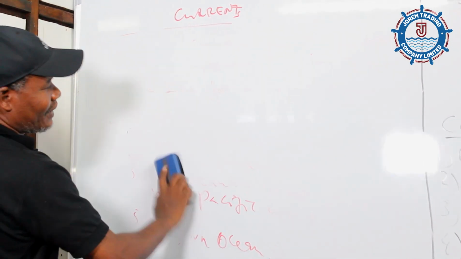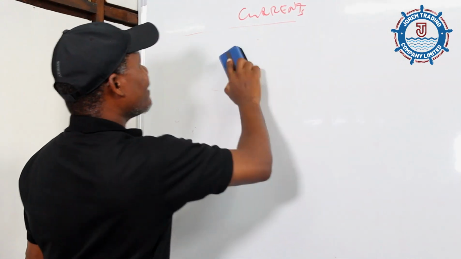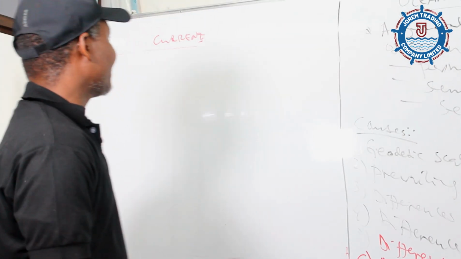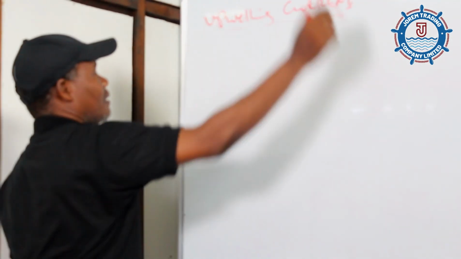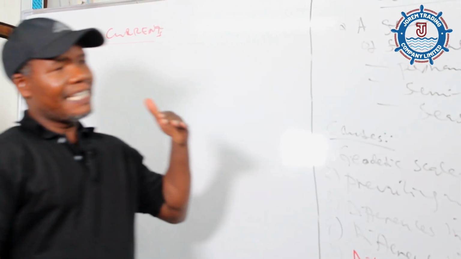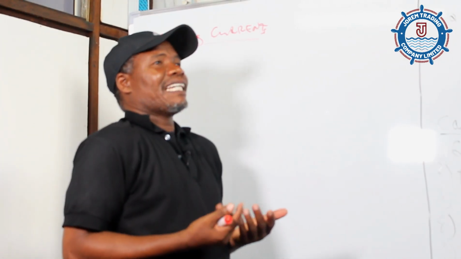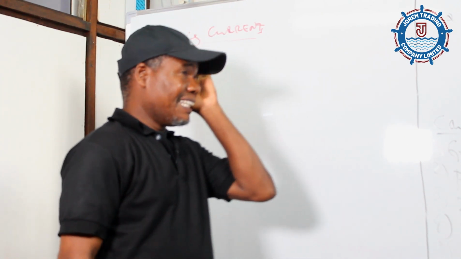So it's very important to note that, and that's why we teach these currents for various reasons. Of course, the main reason being navigational, because we always like to have a good speed so we can achieve our ETAs.